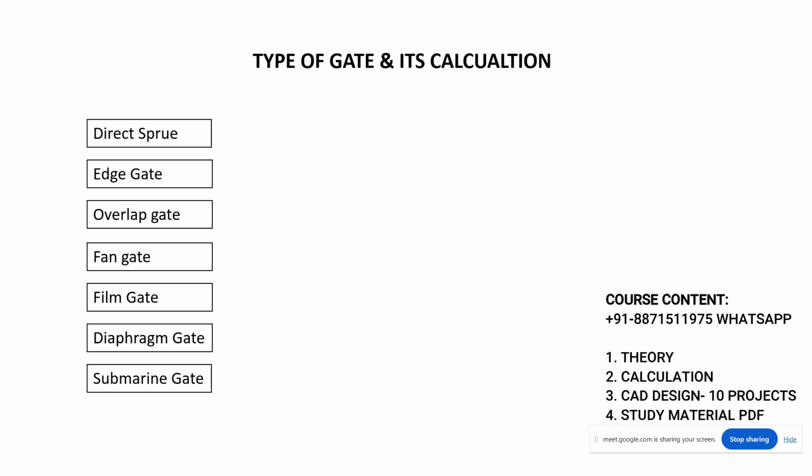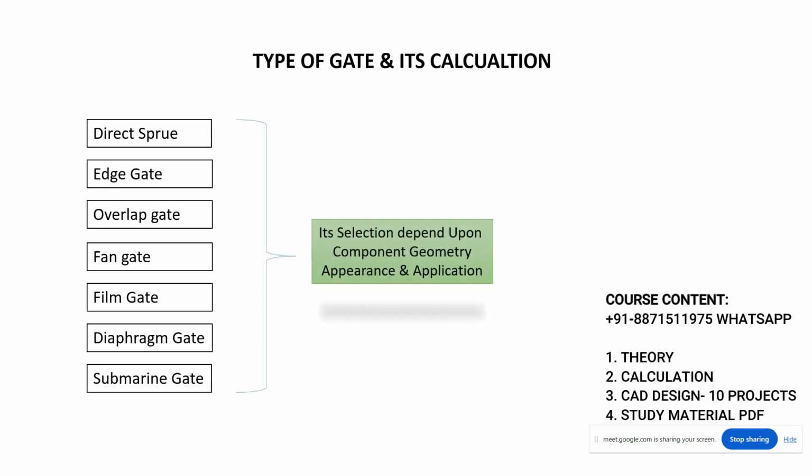Understood? Okay, now see the types of gates and their calculation. There are these types of gates: direct gate, edge gate, overlap gate, fan gate, film gate, diaphragm gate, submarine gate. The selection of all these gates depends upon the component geometry, appearance, and the application.